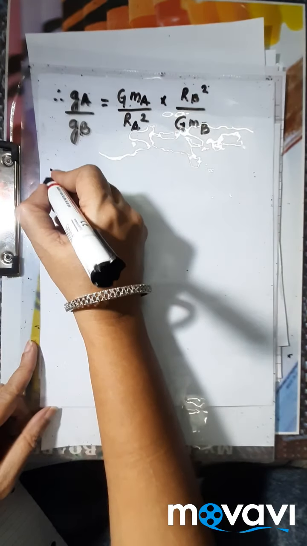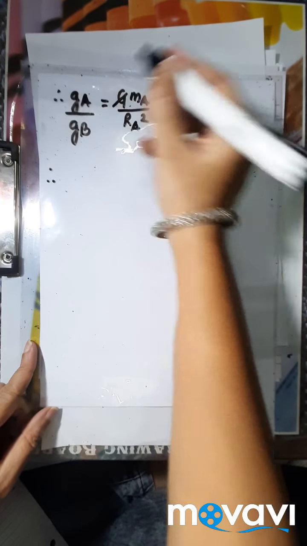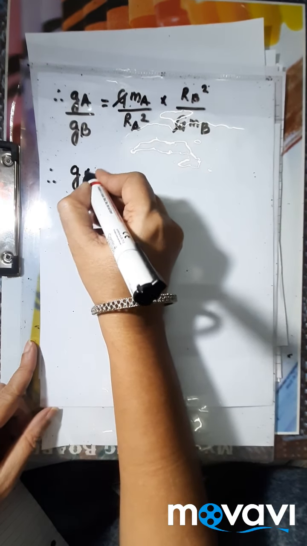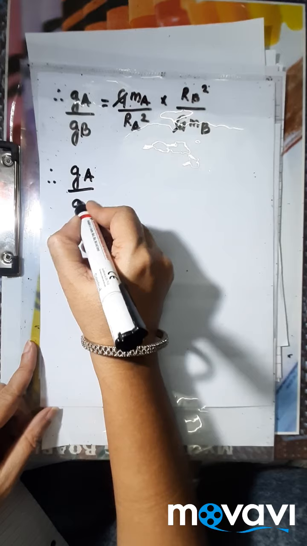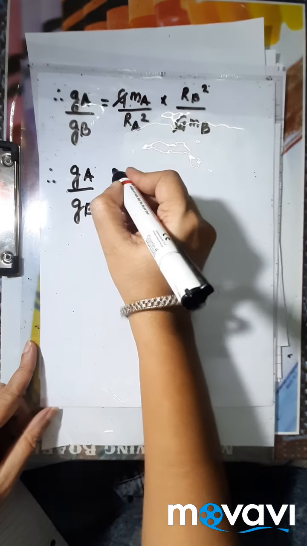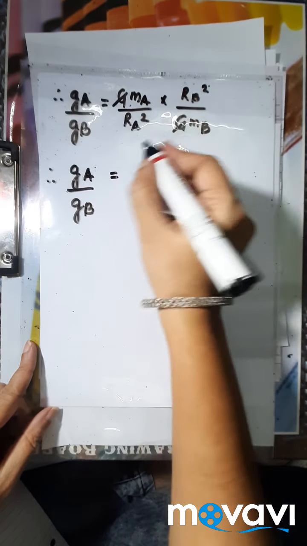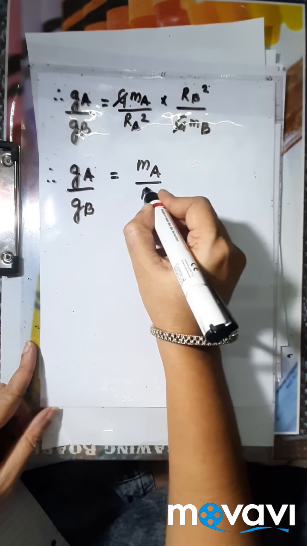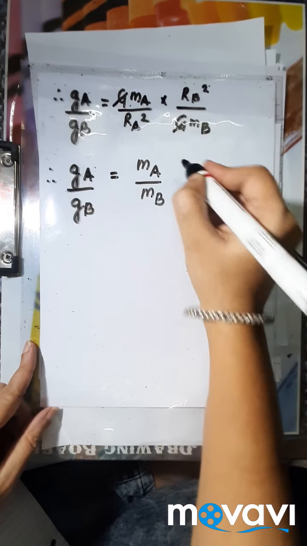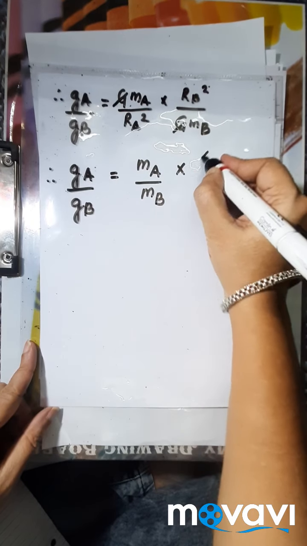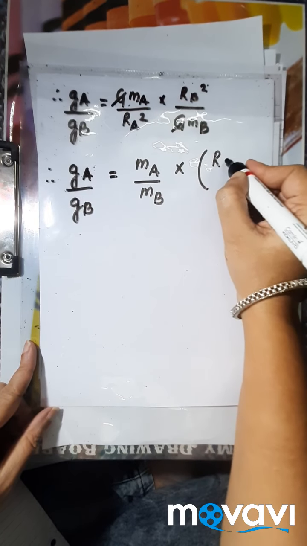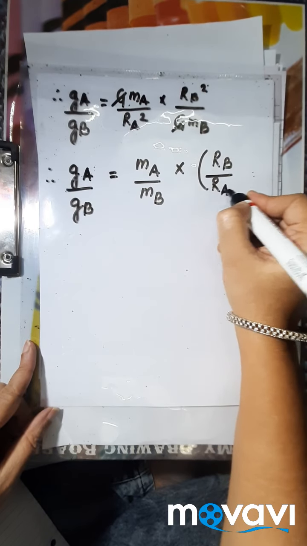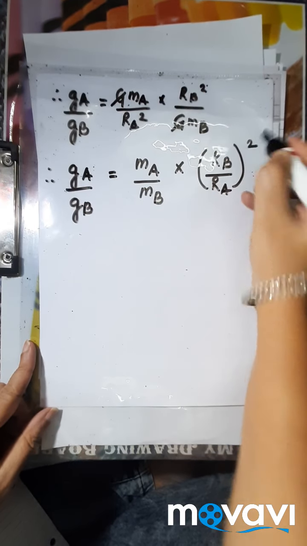Now therefore can I cancel this G and G? So therefore GA upon GB is equal to MA upon MB multiplied by radius B upon radius A, the whole square.